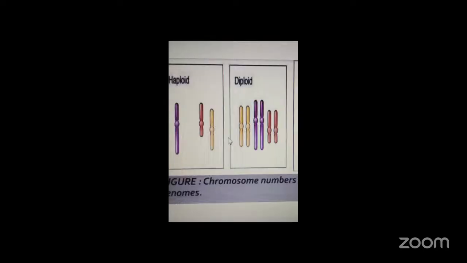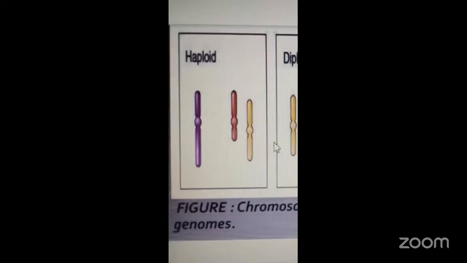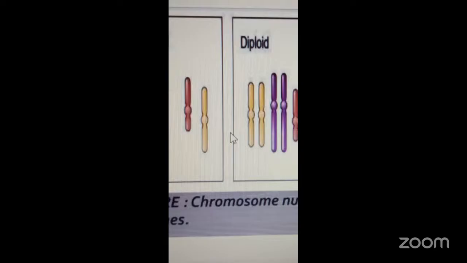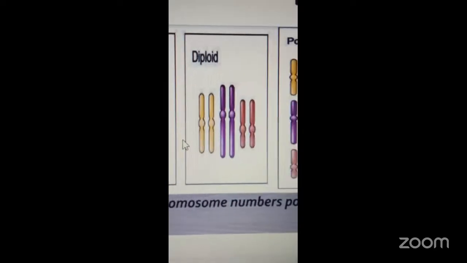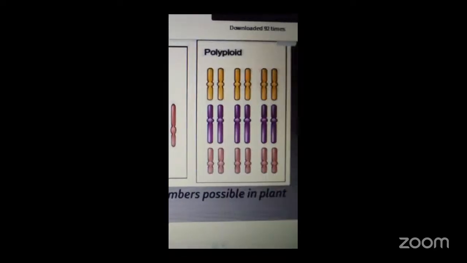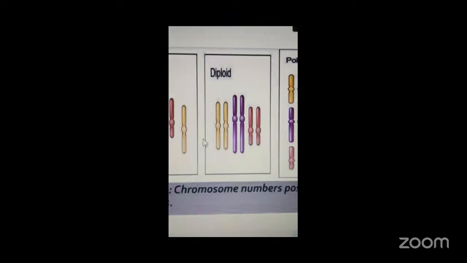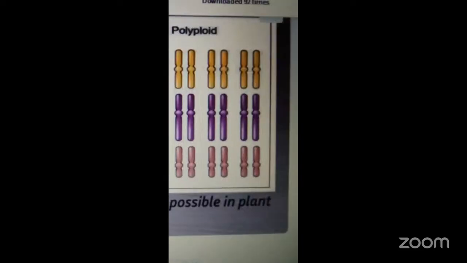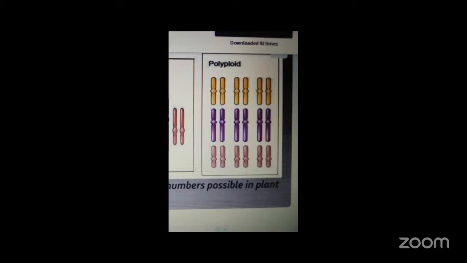Sometimes the plant is haploid, then there are diploids, where the diploid character is present. Where more than two sets of chromosomes are there, we call that condition polyploid. So haploid variation, diploid, and polyploid condition.